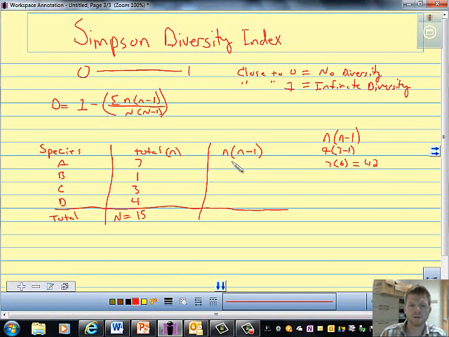So I'm going to write that number in this column. Going to do the same for the rest of these. 1 minus 1 equals 0, 1 times 0 equals 0. 3 times 2 equals 6. 4 times 4 minus 1, so 4 times 3 equals 12.